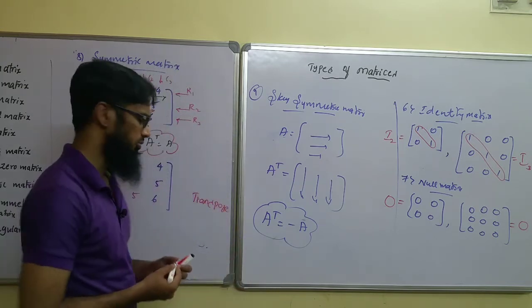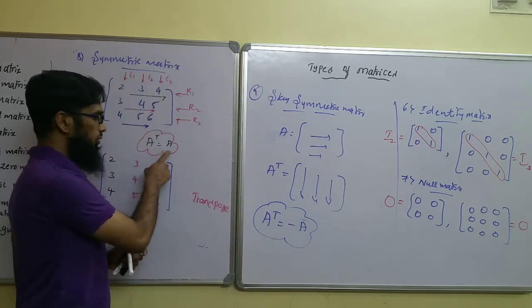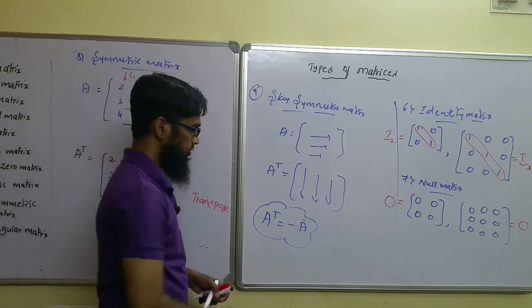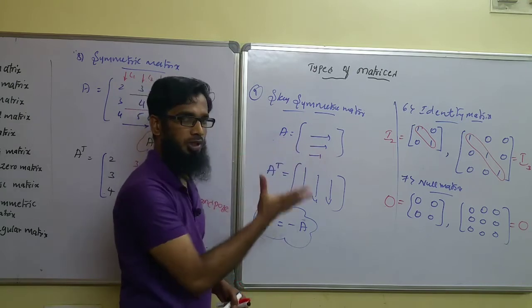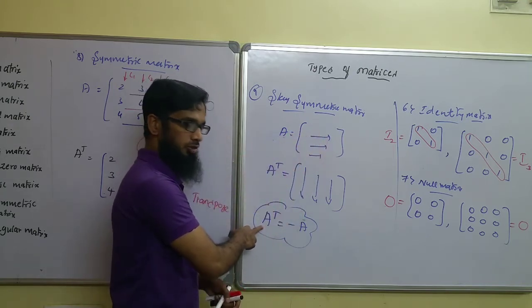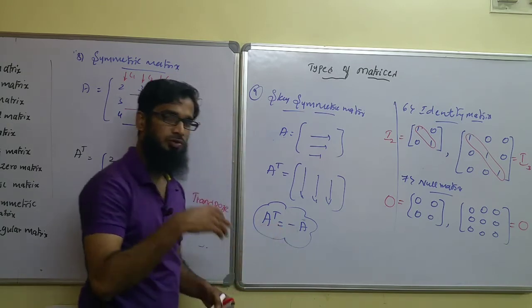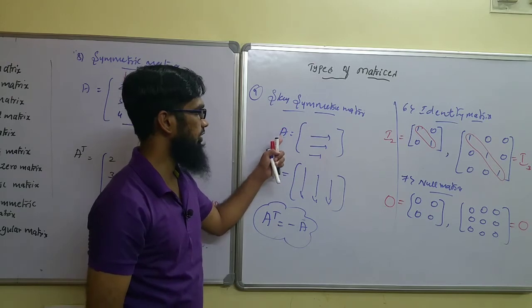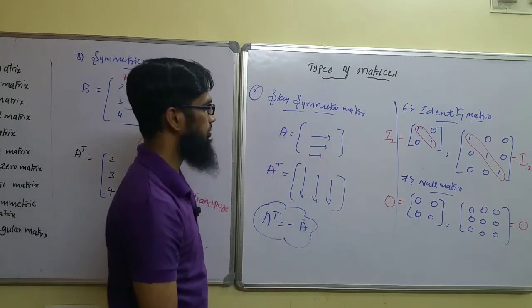So symmetric is nothing but transpose of A equal to the original matrix A. Here the matrix A will be given. If you interchange the rows to columns, so take the transpose of A, and if I get a minus of the original matrix, then that given matrix will be called a skew symmetric matrix.